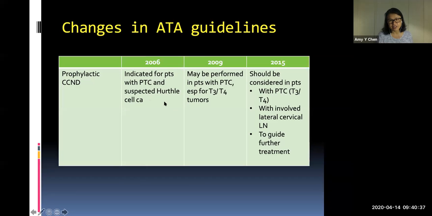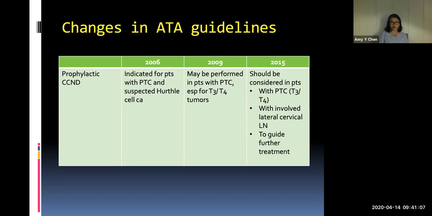So initially in 2006, it was indicated for patients with papillary thyroid cancer and Hürthle cell cancer. So if you had a 1 centimeter thyroid cancer patient and you sent the patient back to the endocrinologist, 8 times out of 10, I would get a phone call from the endocrinologist saying, hey, you didn't dissect the central lymph nodes. And then I would have this discussion of, well, yeah, but I don't really think that it's necessary.